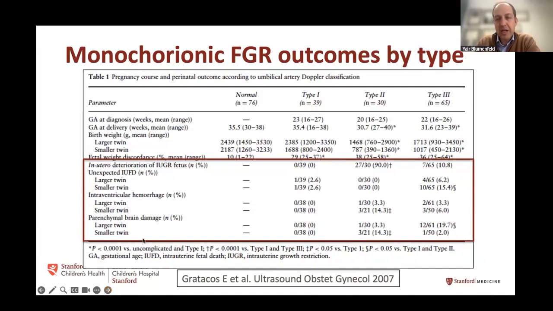In addition to just coming up with this quirky classification system where type 2 is really worse than type 3, he then looked at the outcomes of some of these twins, specifically looking at unexpected IUFD, intraventricular hemorrhage, and brain bleeds in these neonates. So not surprisingly, type 1, those with normal Doppler indices, were pretty normal. Type 2, the really bad ones, all of a sudden you're starting to see some hemorrhage, you're starting to see some parenchymal brain bleeds, etc.